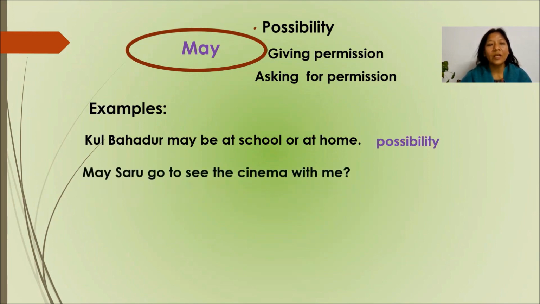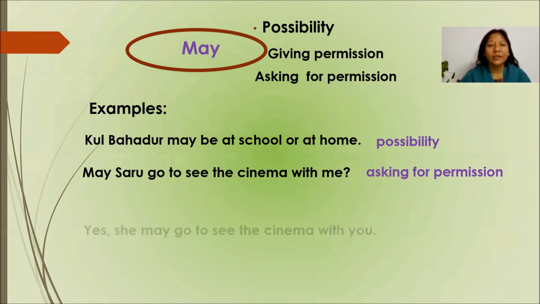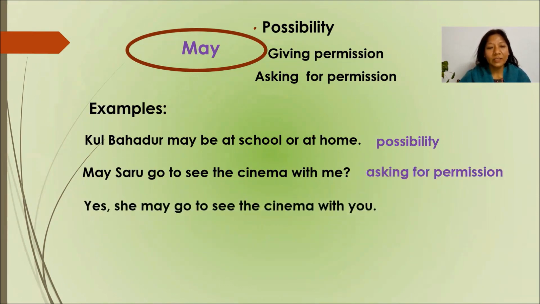Another example, may Saru go to see the cinema with me? This is asking for permission. Yes, she may go to see the cinema with you. Here it is giving permission. So may is used to express possibility, giving permission, and asking for permission.